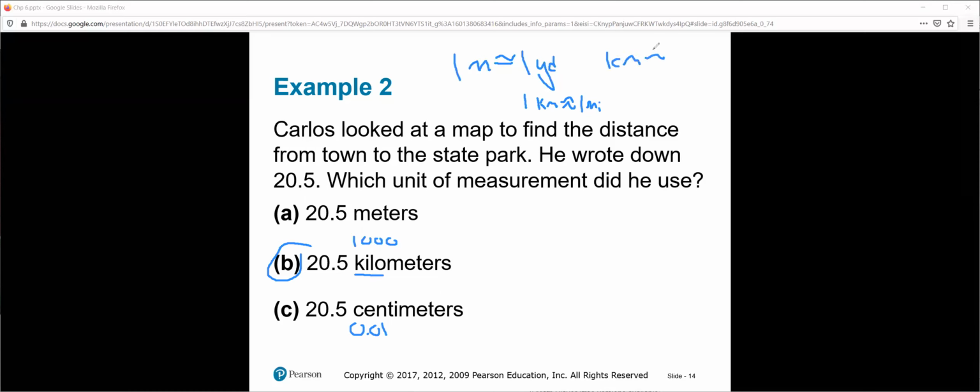Centimeter's equivalent, if you will, is inch. So, is the state park being 20 inches from the town make sense? No, right?